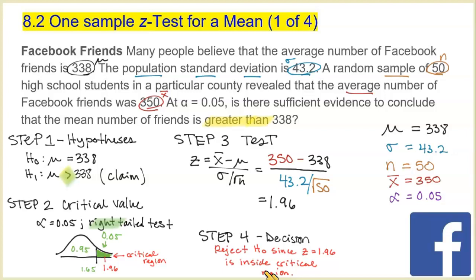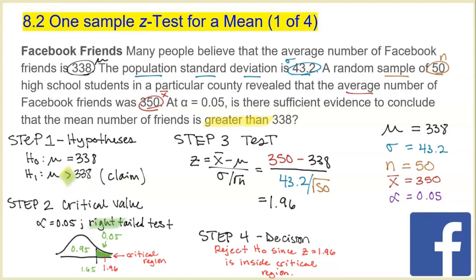And by rejecting the null hypothesis, so this question, is there sufficient evidence to conclude that the mean number of friends is greater than 338? Well, we could say yes to that. There is sufficient evidence to conclude that because we are rejecting the null hypothesis that says there is no difference. If we reject this notion, that means there is a difference, and we're looking at the alternative hypothesis now.